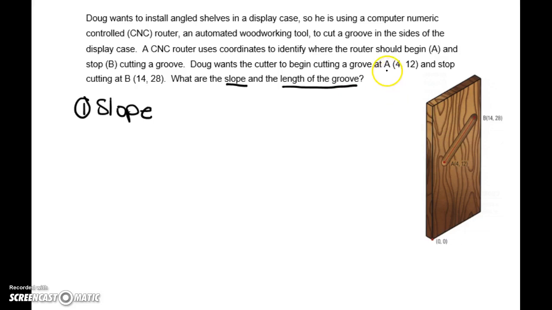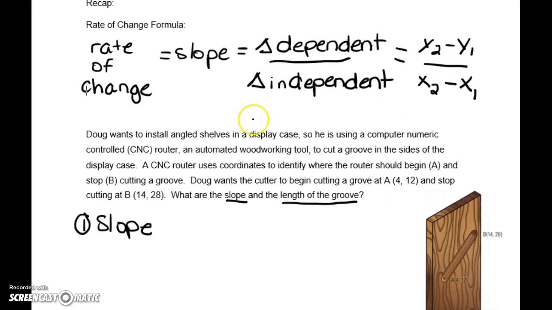So here we're using point A, which is a coordinate, and point B, which is a coordinate. So going back up to our formulas, you can notice here that our very last form of the equation deals with coordinates. So that's kind of how you can tell to use your very last form of the rate of change formula.